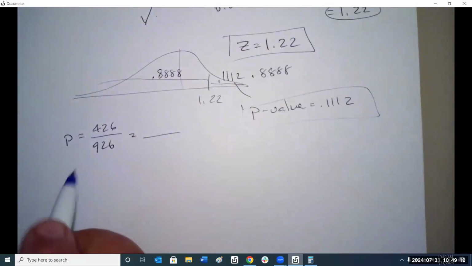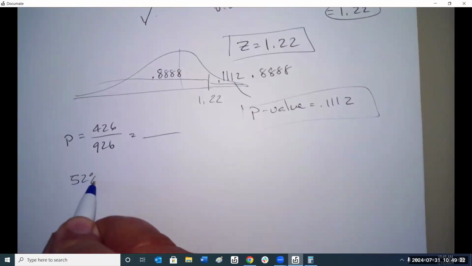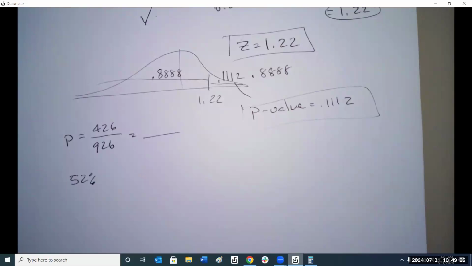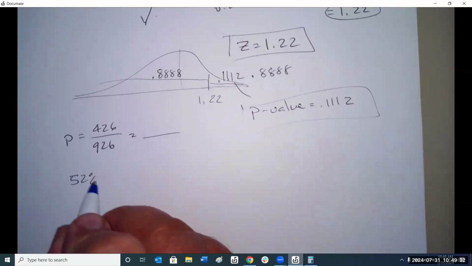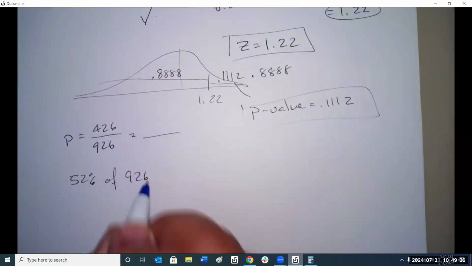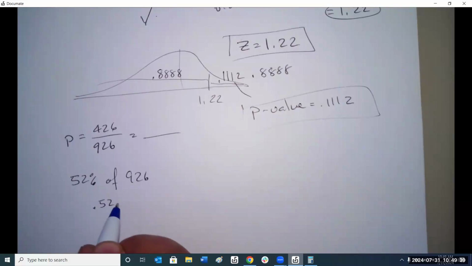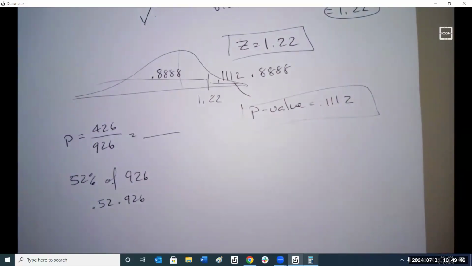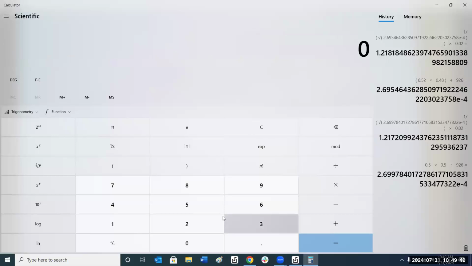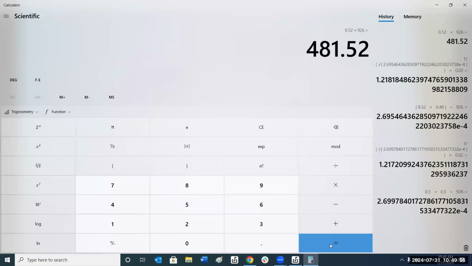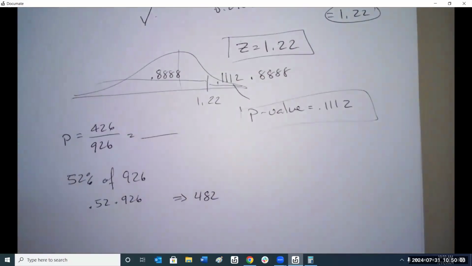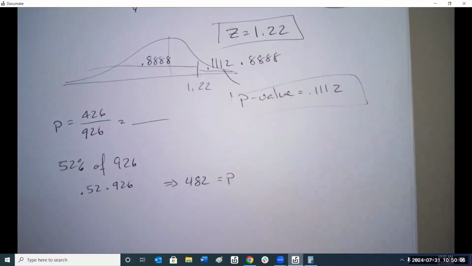Since 52% of the people favored using two-factor authentication, it's 0.52 times 926, which equals 482 people.